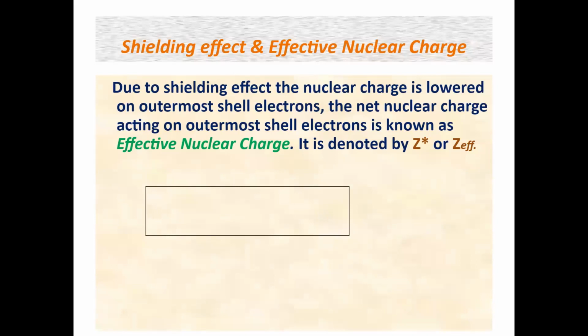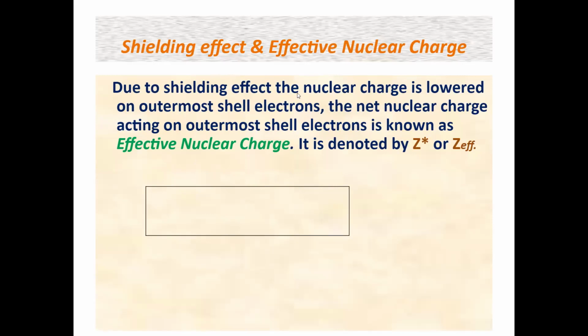Okay, before going to the trend, just remember one more term: effective nuclear charge. As the shielding effect is completed, now effective nuclear charge. Due to the shielding effect, the nuclear charge on the outermost shell electrons is lowered. The net nuclear charge acting on the outermost shell electron is known as effective nuclear charge.